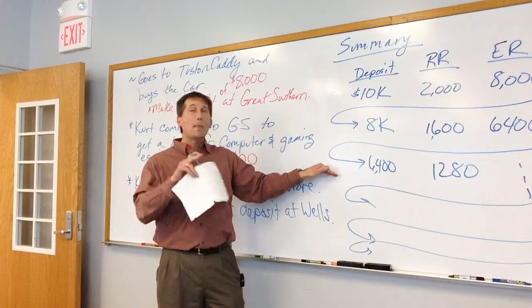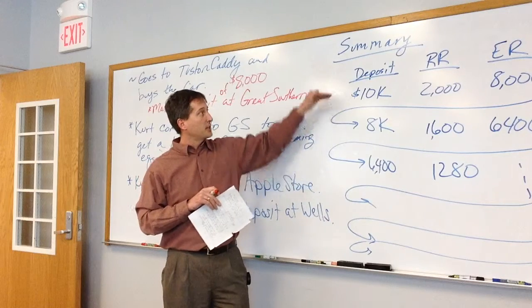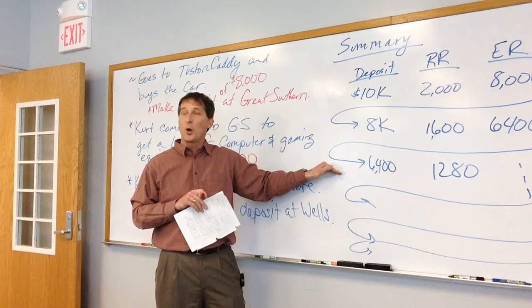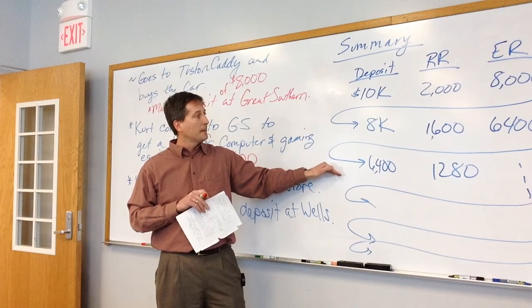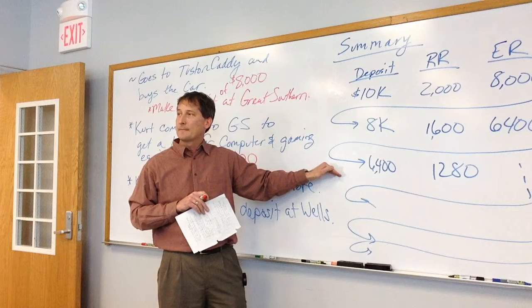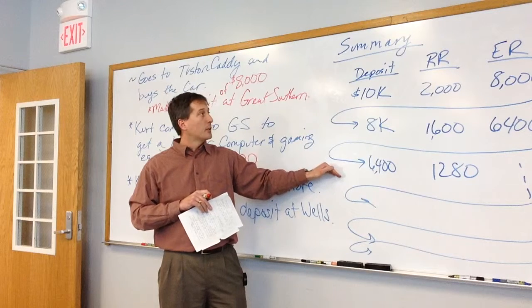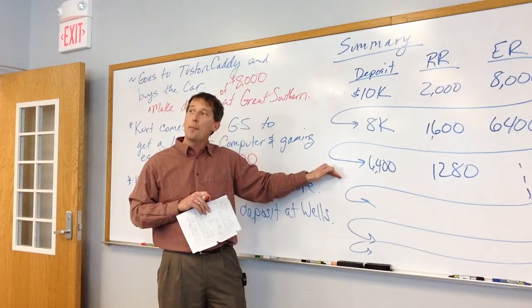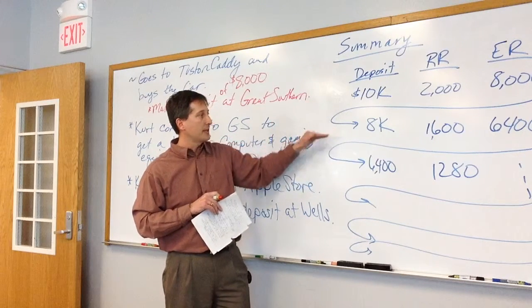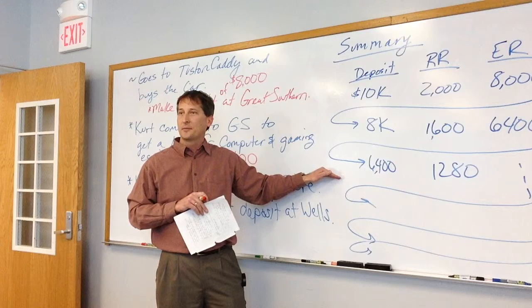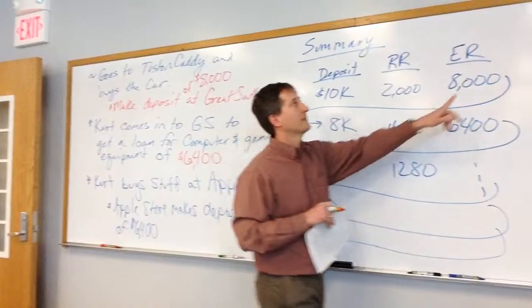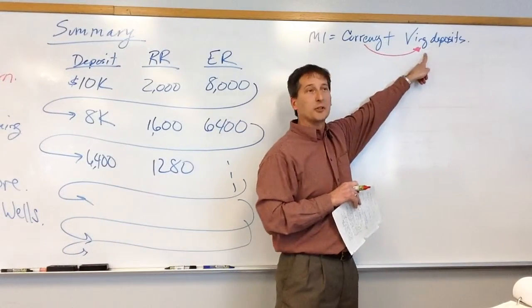So how much did the money supply go up by from just those 1, 2, 3 rounds? Be careful. By just these 3 actions, how much did the money supply go up by? 22.4, no. Be careful. There's the first maneuver.